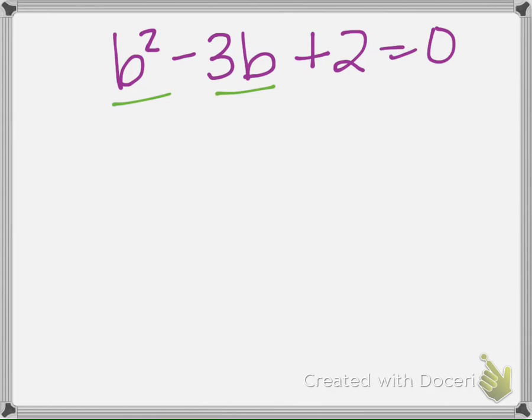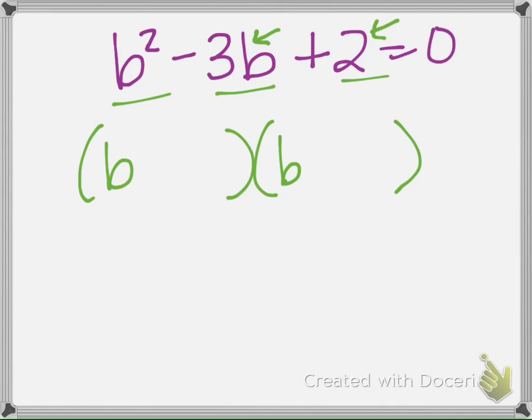So since it's a trinomial, we need to think of what multiplies to 2 but adds to negative 3. So negative 2 times negative 1 is positive 2, and negative 2 plus negative 1 is negative 3.